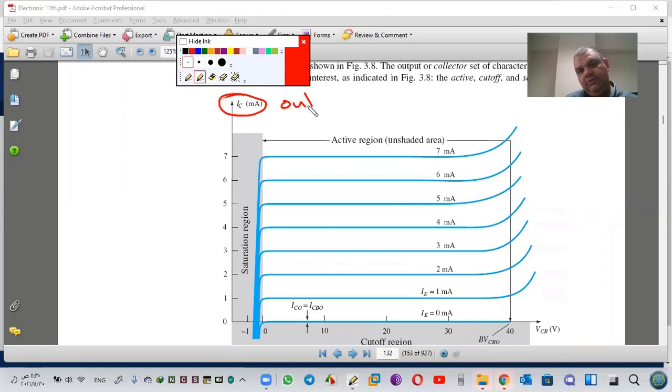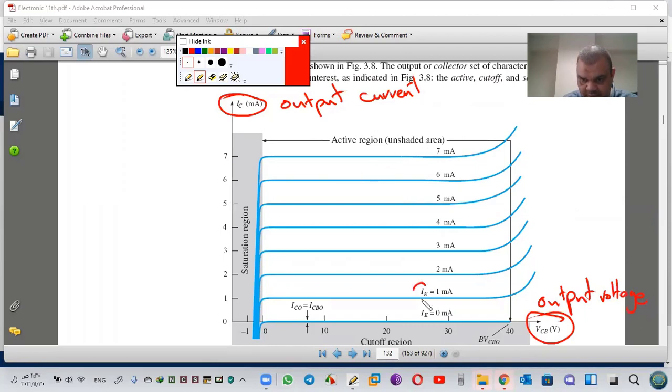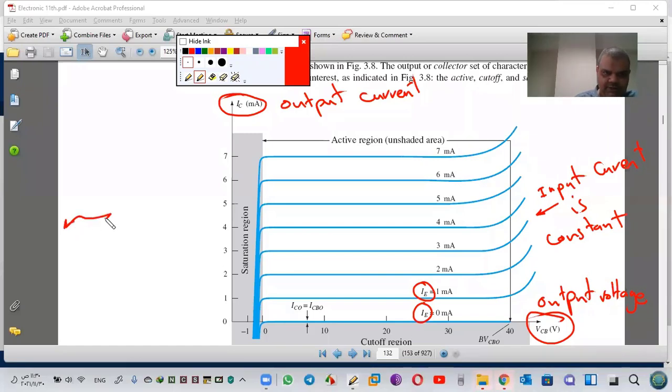IC is the output current, with VCB the output voltage, when IE, the input current, is constant. So now we can talk about two characteristics: input characteristic and output.